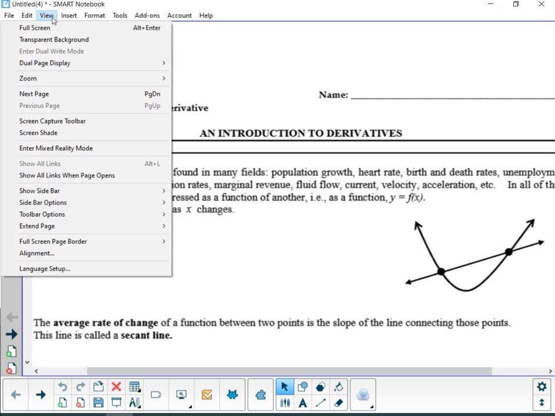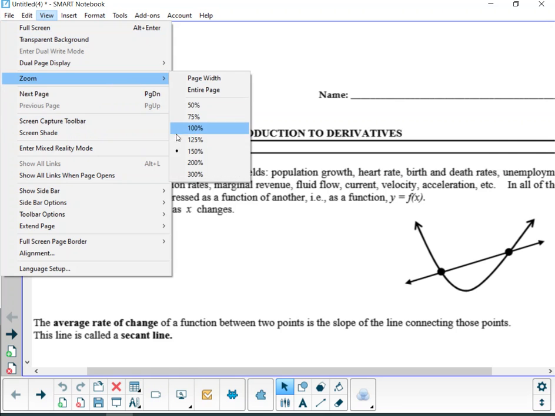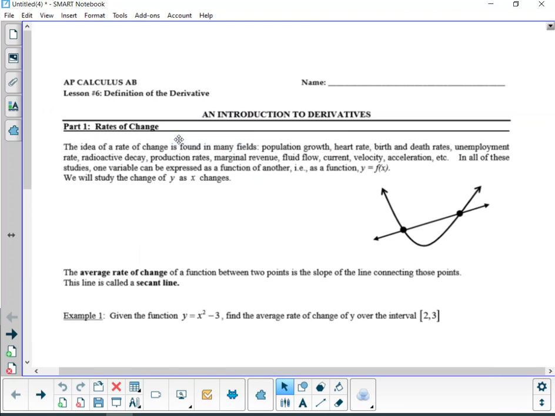So if you've had honors pre-calc, or if you're in certain physics courses, you may have already talked about the concept of the derivative. You don't need to have any knowledge at this point because we are introducing that today.